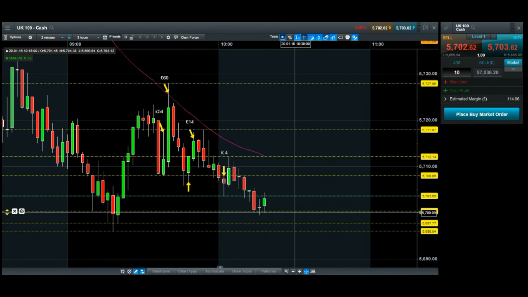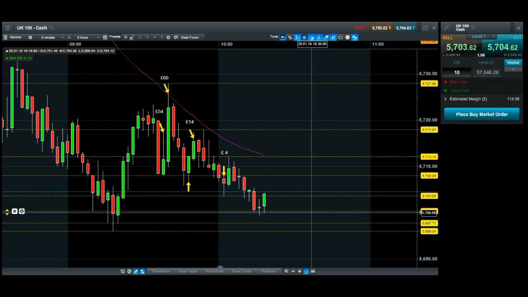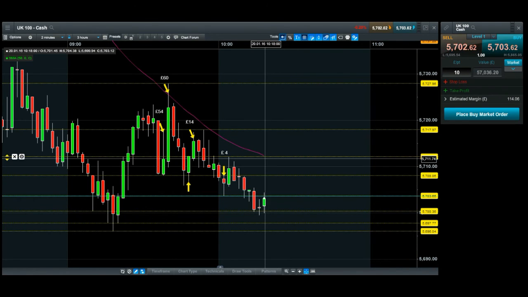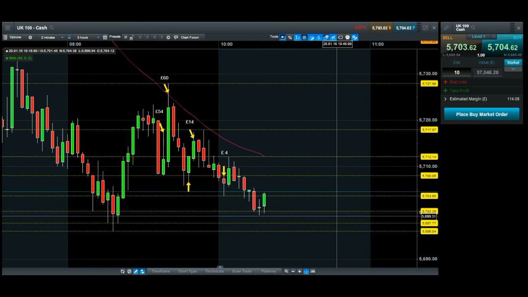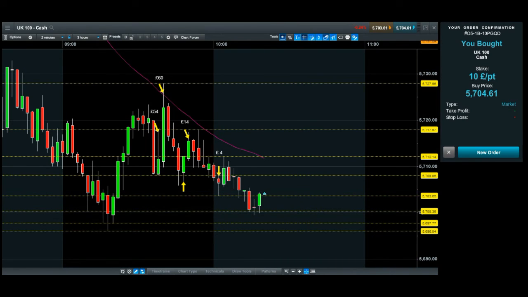So I have a confirmation here and then another confirmation here for the index to go a bit higher towards this simple moving average. The next candle, yes, is the entry candle.